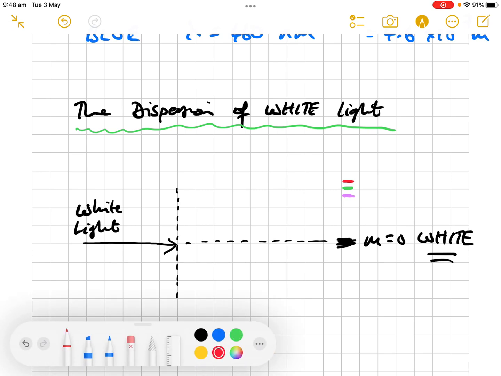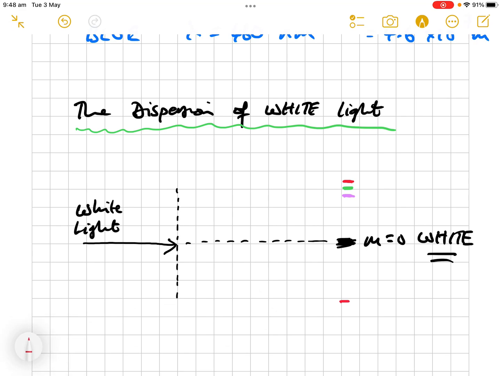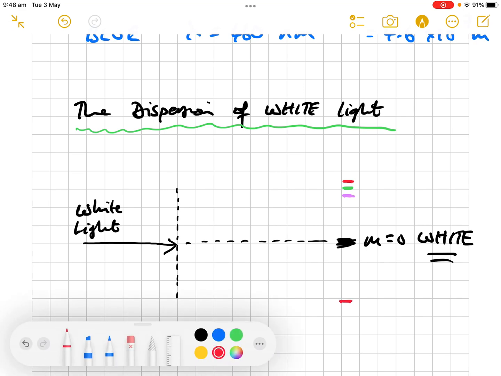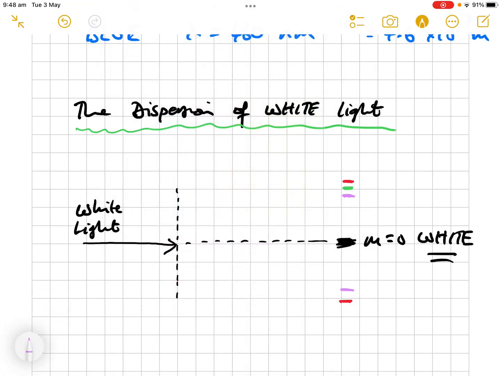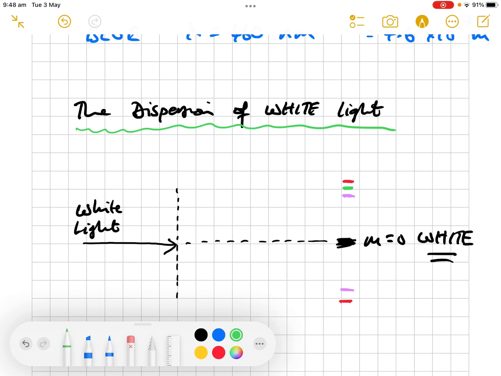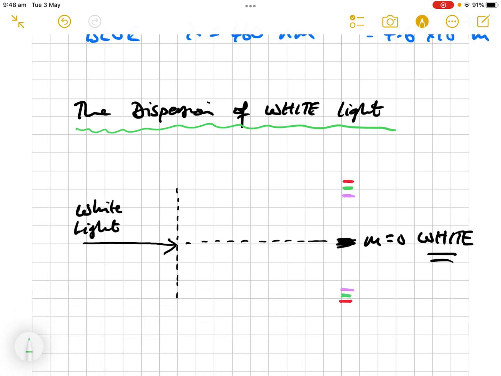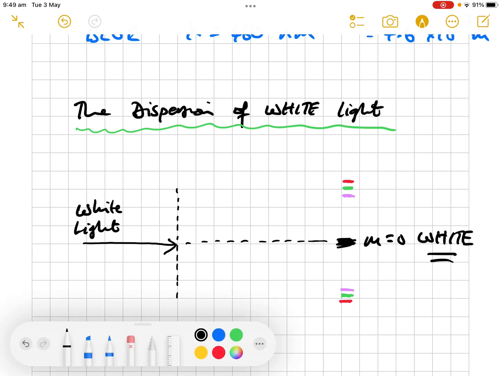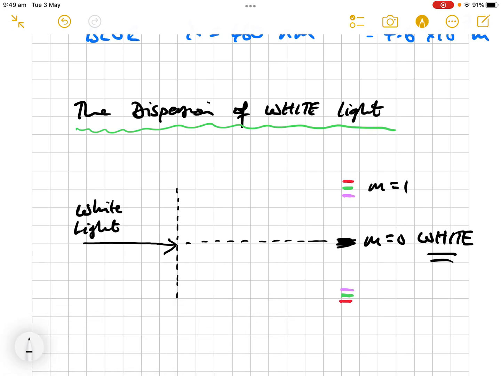And you'll get the same thing happening down at the lower position. Notice that red, having the biggest wavelength, is diffracted most. Violet, having the smallest wavelength, is diffracted least. Green, of course, is in the middle. So that would be your m equals 1 first order maximum on each side.